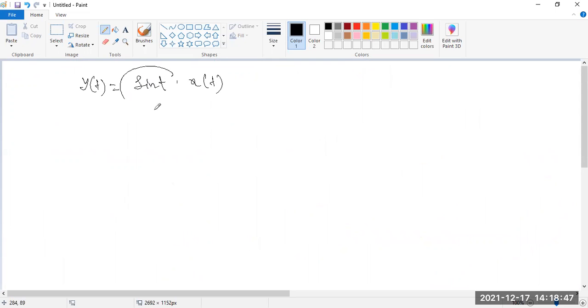In this system, this is one system and this is another system. Whenever they are multiplied, we can't say whether it is invertible or non-invertible. Then we have to put some unit signal, that is called the test signal.